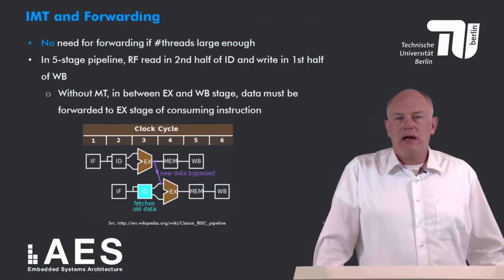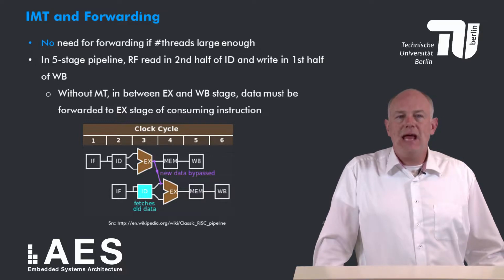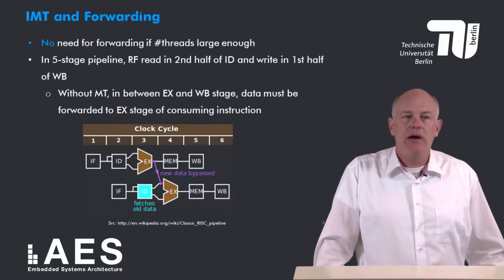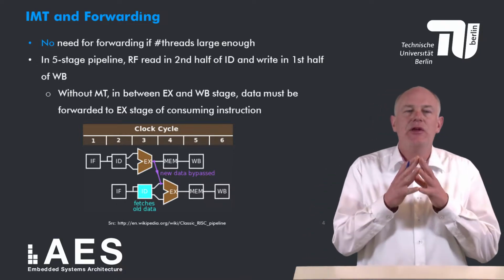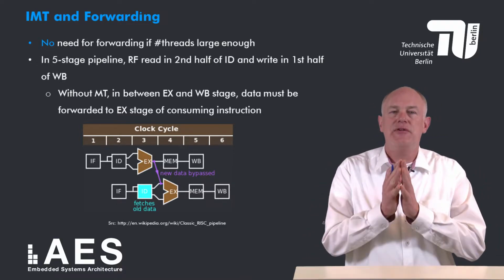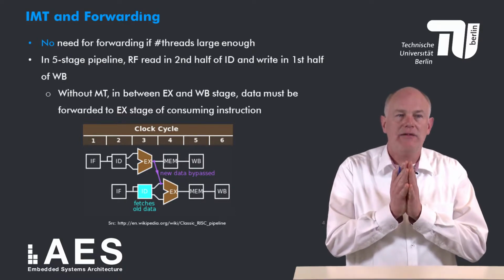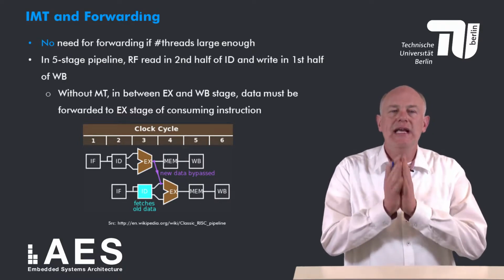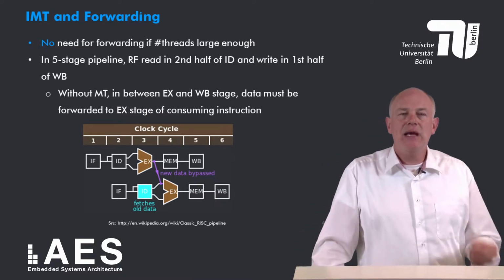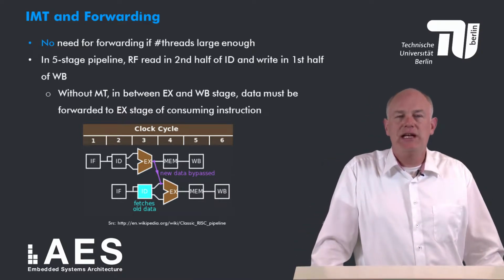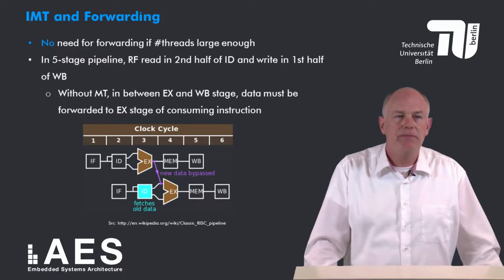However, interleaved multithreading makes implementing forwarding somewhat simpler. Basically, if there is a sufficient number of threads, then we don't need to forward. Let me illustrate in a little bit of detail what I mean by this.